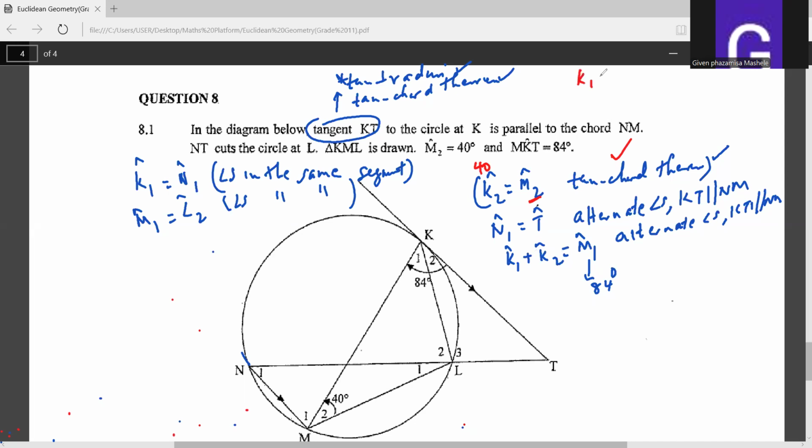So we can find K1: 84 minus 40 is 44. So K1 will be 44.